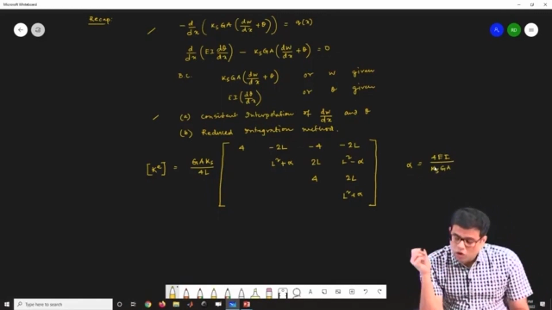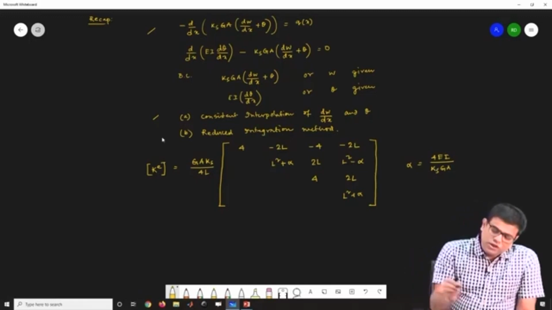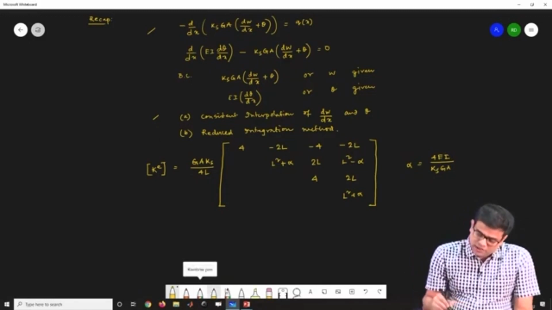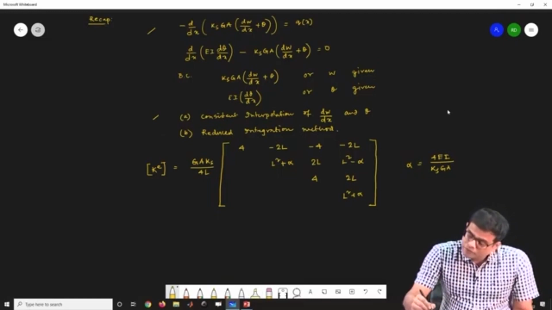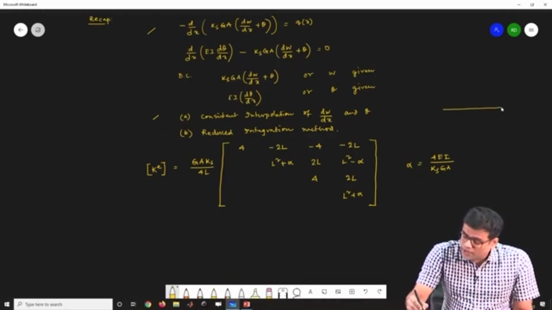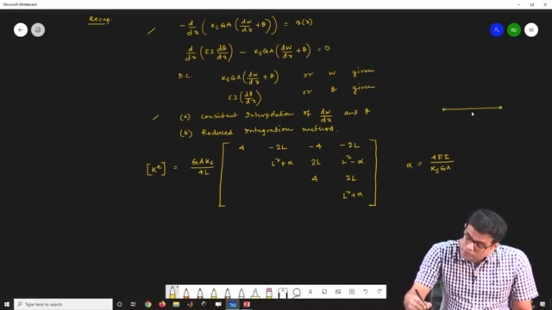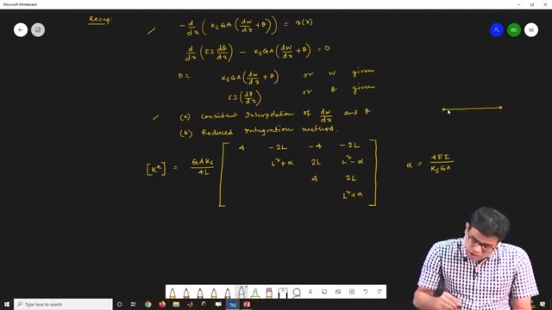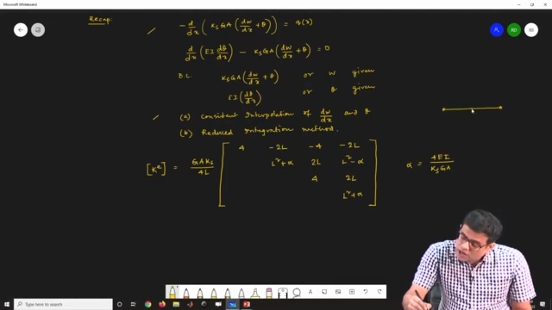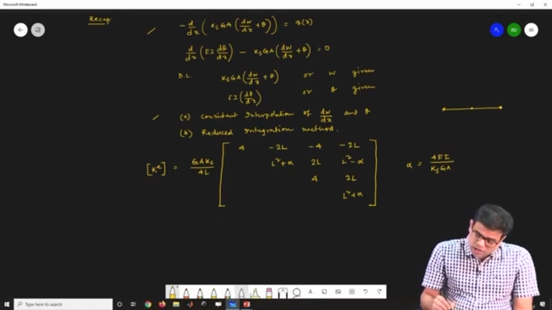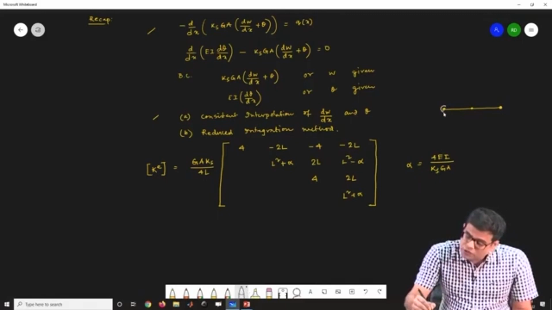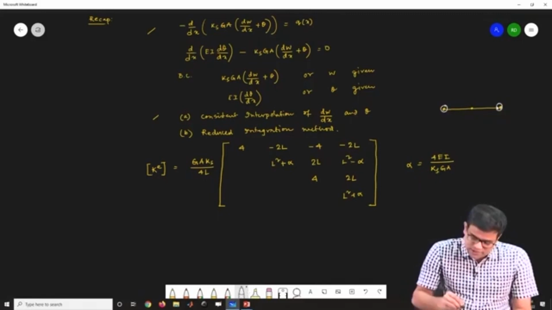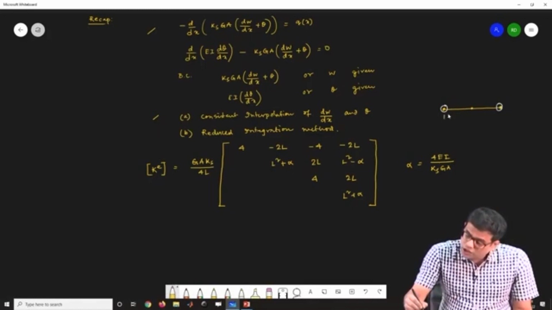Now, in the consistent interpolation we did this. There are essentially 3 nodes, but the displacement nodes are at all 3, that is the quadratic interpolation, while the slopes are only at the end nodes.